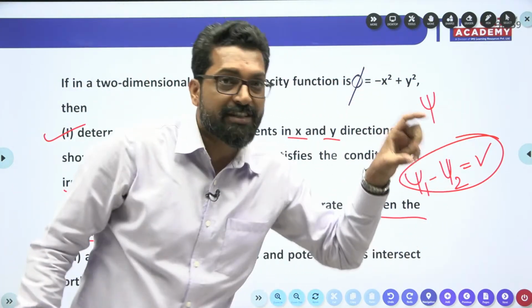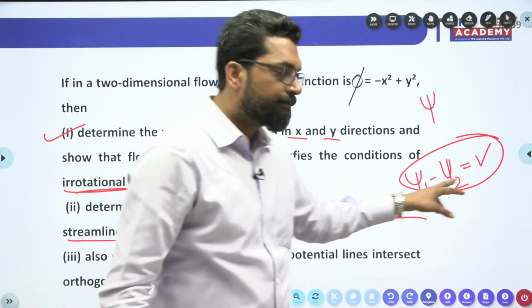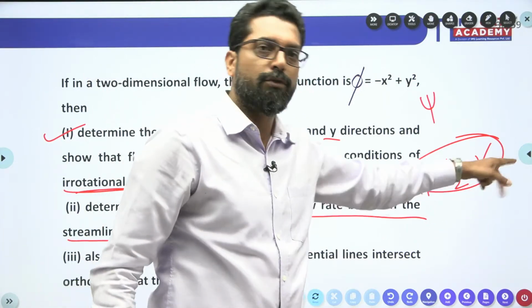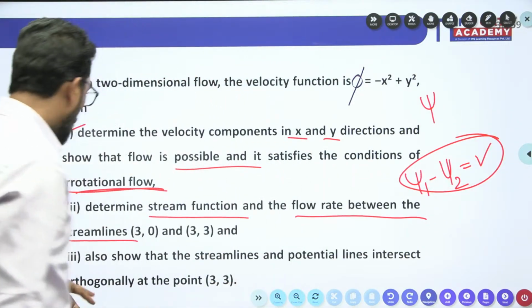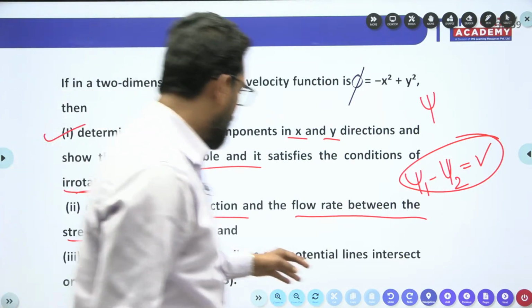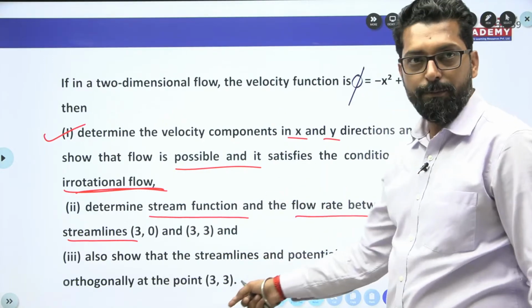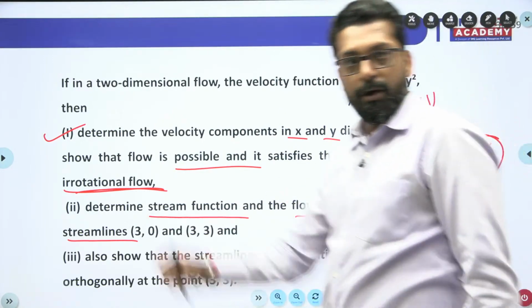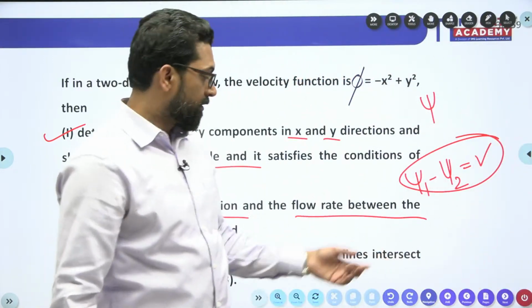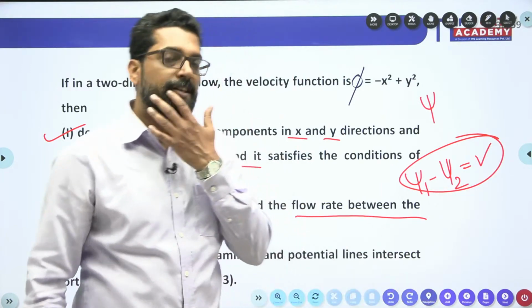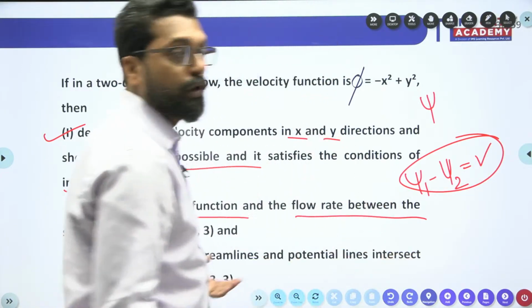So the discharge is between the two streamlines: psi 1 minus psi 2 gives the discharge. Also show that the streamlines and potential lines intersect each other. The streamline has a slope, the potential line has a slope. If you multiply them and the result is -1, then they are orthogonal. And yes, they are always orthogonal.